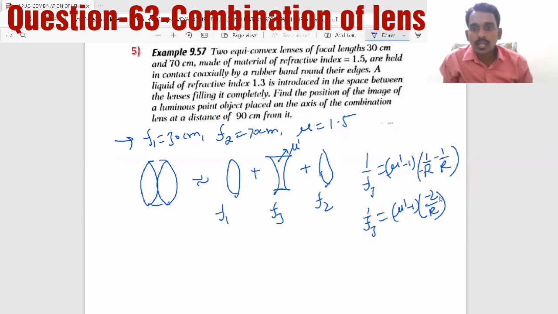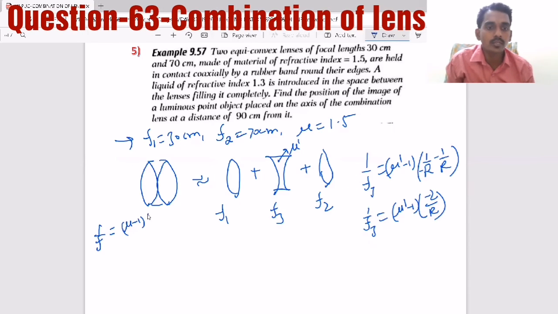See here, one small thing is that we are taking r, but both are not of the same focal length. When you consider the focal length of a lens, (mu minus 1) into 2 by r, where mu is 1.5, so 1 by f equals 1 by r, so the f value is r. That means now r1 is f1 and r2 is f2.